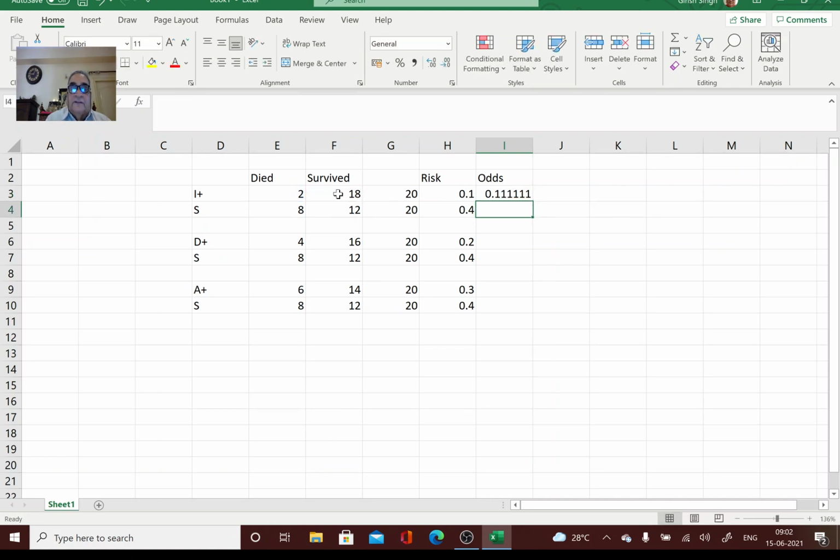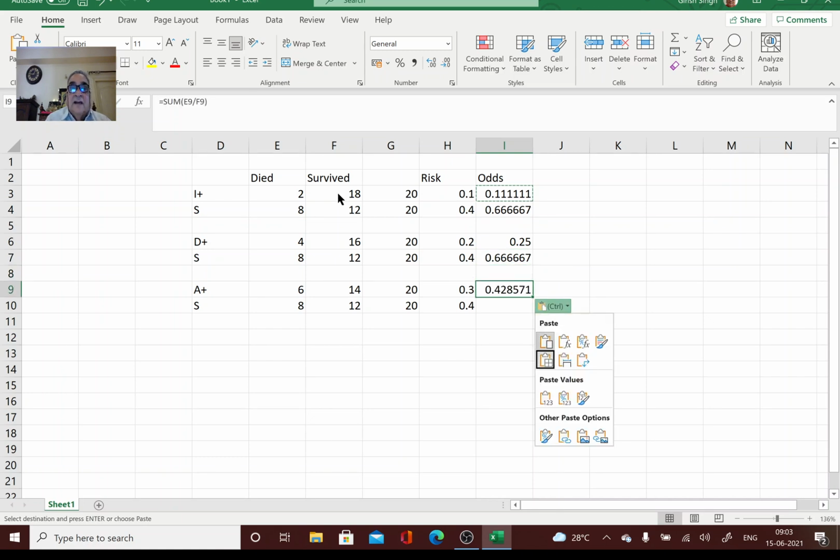So here are the odds. We copy this calculation and we say here it is this, here it is this, here it is this, here it is this, and here it is this.